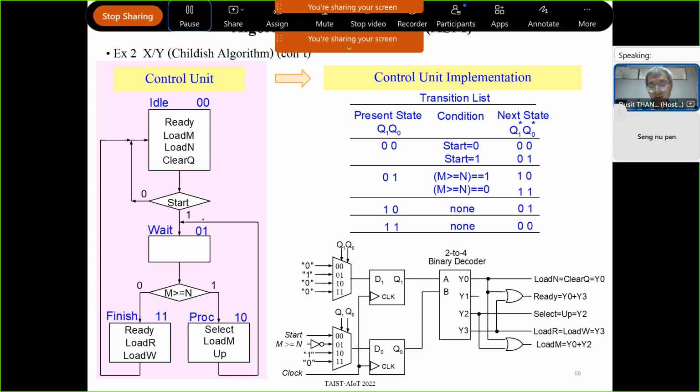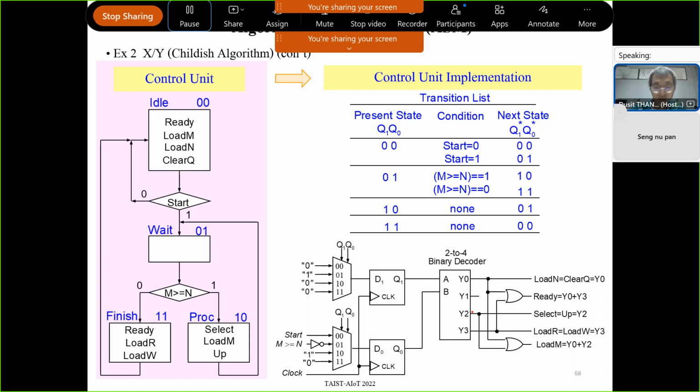At state 01, Y1 is active, right? At state 10, Y2 is active, and at state 11, Y3 is active. Okay, something like that.